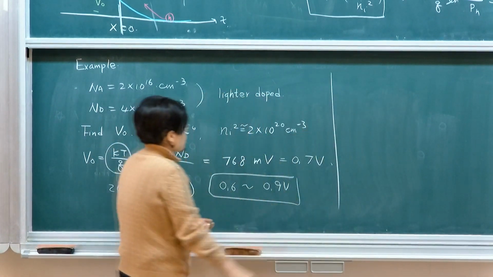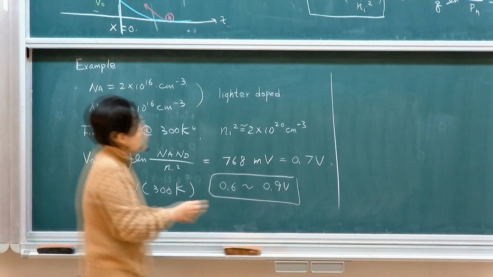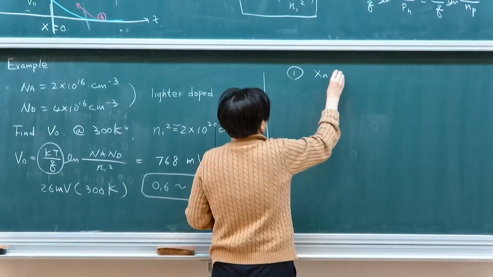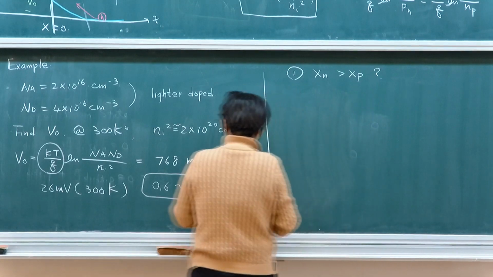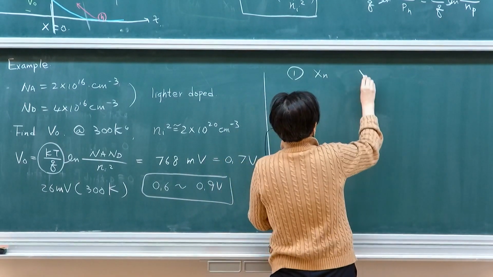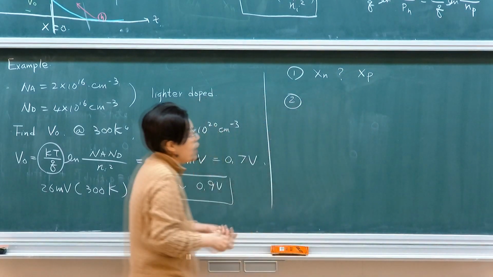So what are possible questions if I give you this? One is, what is the relationship between Xn and Xp? You should know. I'm not going to give you the answer.